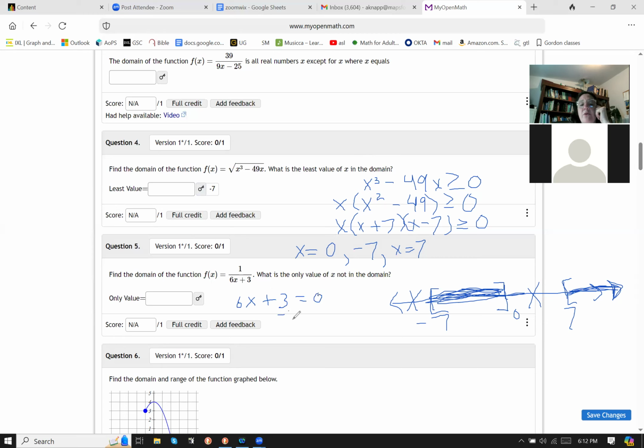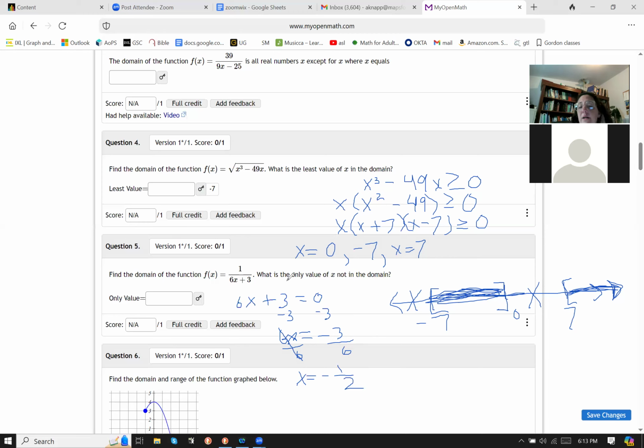So we'll subtract 3 from both sides, giving us 6X is equal to -3. Then we divide both sides by 6. So that becomes 1X is equal to -1/2. So our domain is all real numbers except X equals -1/2.